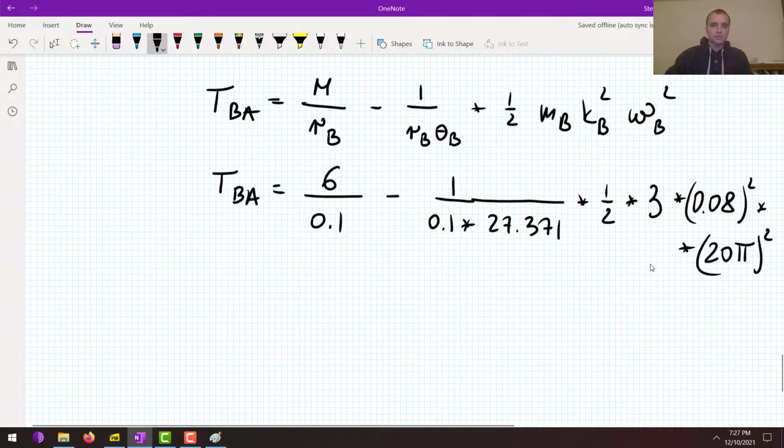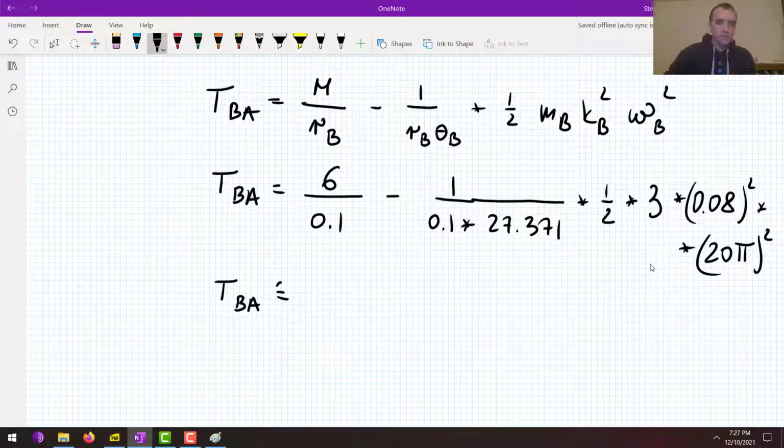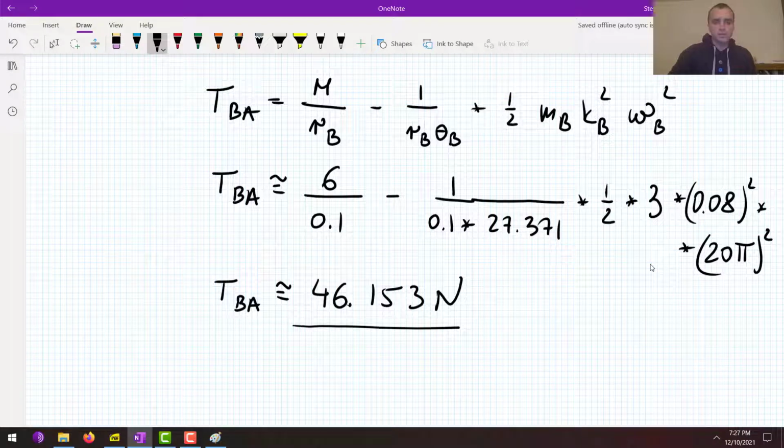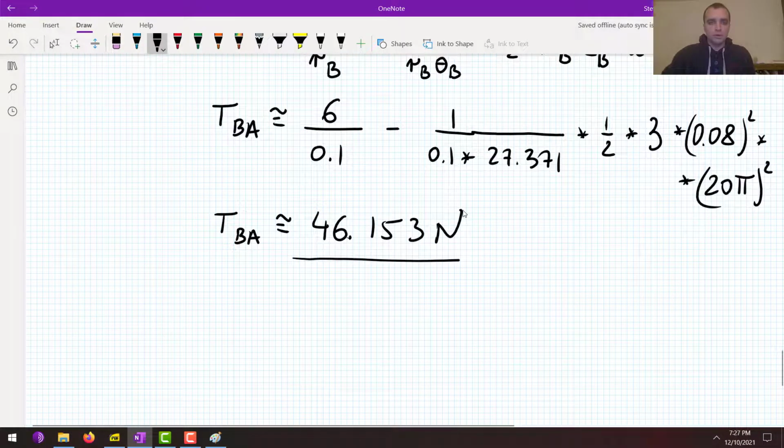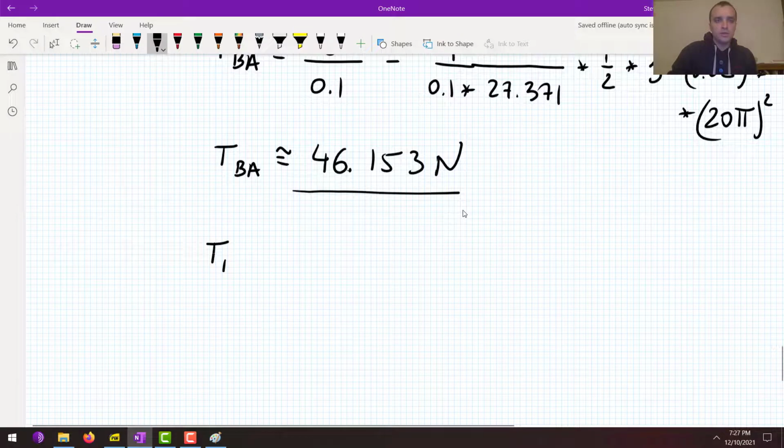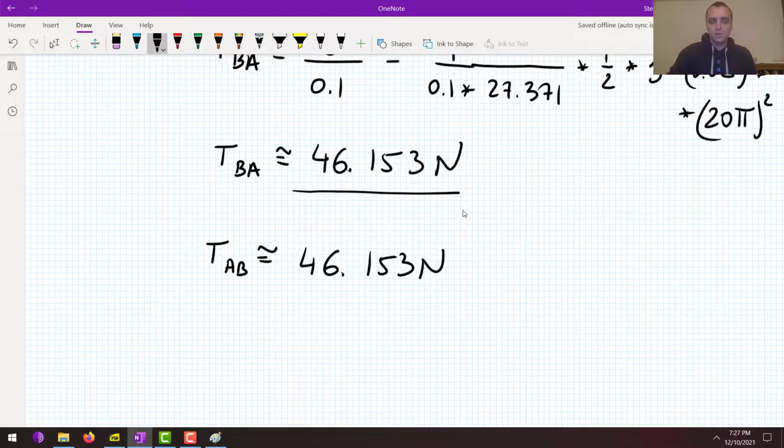Okay, grab your calculators and find that T_BA is equal to approximately 46.153 newtons. And this is our answer to part B, because our T_AB will be equal to exactly the same value, but it will be pointing the opposite way according to Newton's third principle.